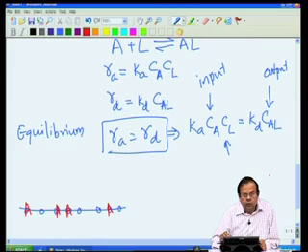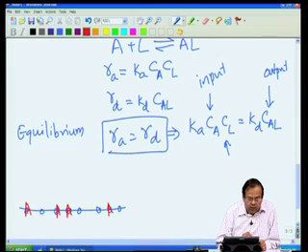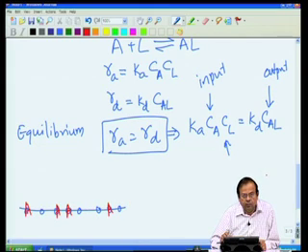But we also realize by looking at this cartoon that whether it is occupied, red, or unoccupied, blue, the total number of sites on the catalyst are the same.